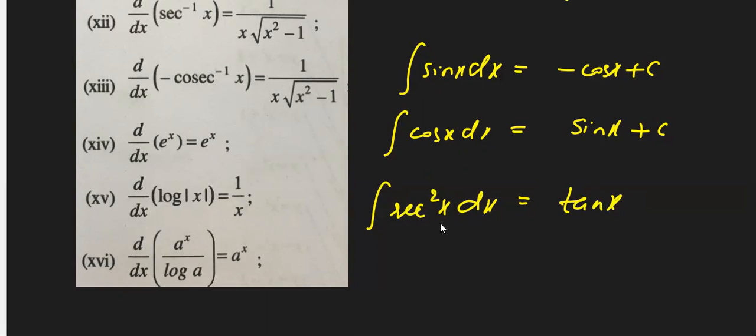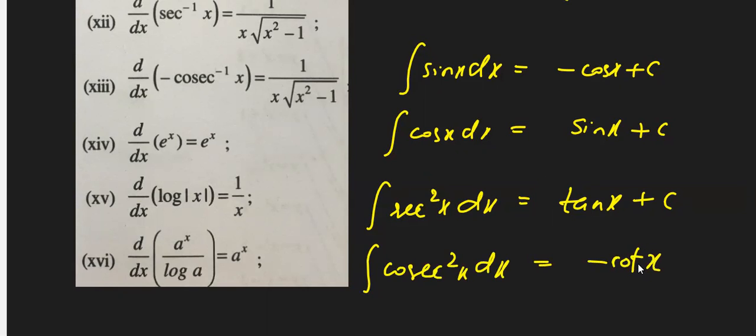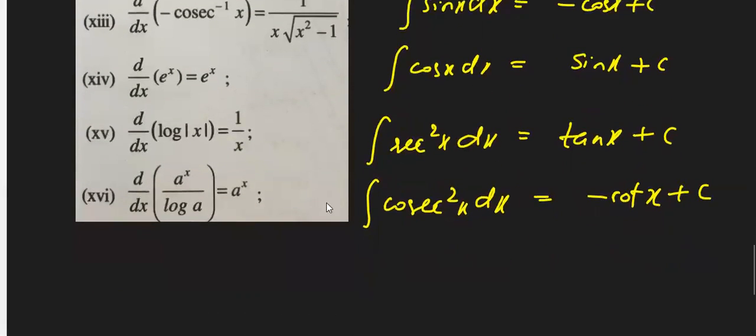So integral secant square x dx equals tan x plus c. Similarly, integral cosecant square x dx. We know that cosecant square is the derivative of minus cot x. So integral cosecant square x dx equals minus cot x plus c.